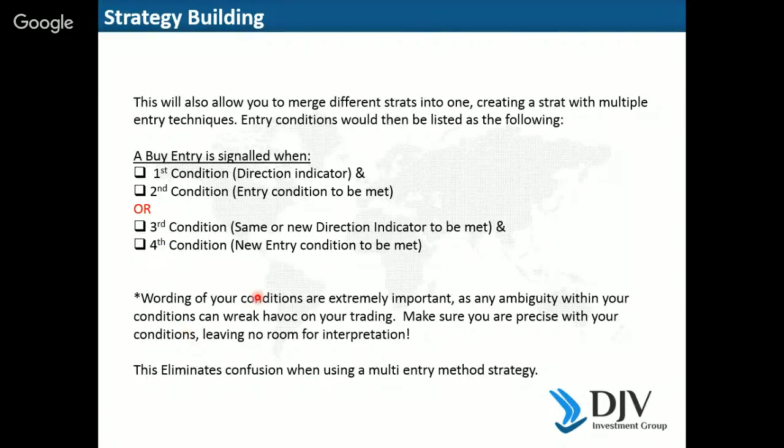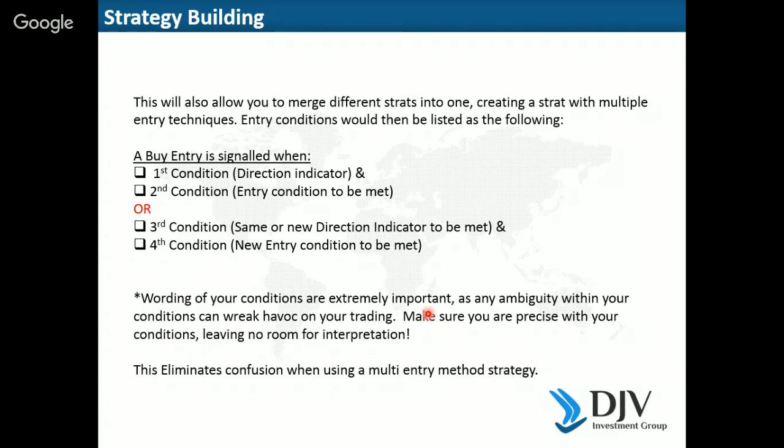The wording of your conditions is extremely important, as I've hammered on for quite a while now. Any ambiguity you find within your conditions is going to wreak havoc within your trading. If any of your conditions are open-ended, it means you've got to guess, and as soon as you've got to guess what needs to happen, doubt sets in. And once doubt sets in, forget about it.